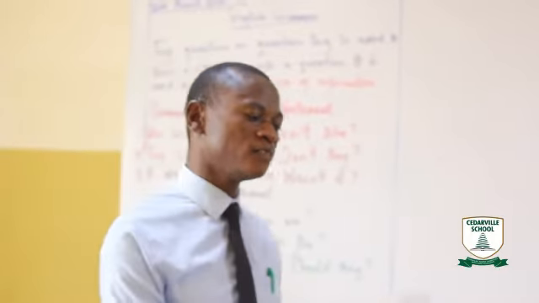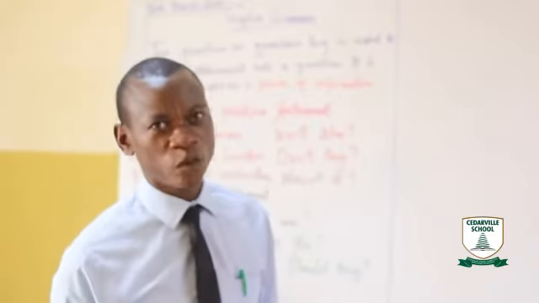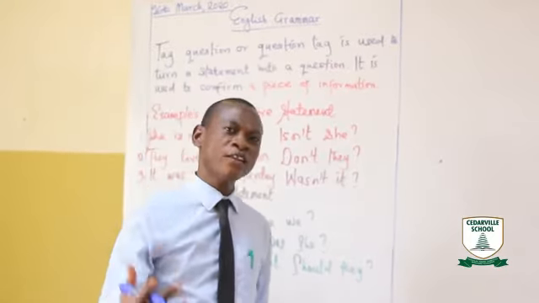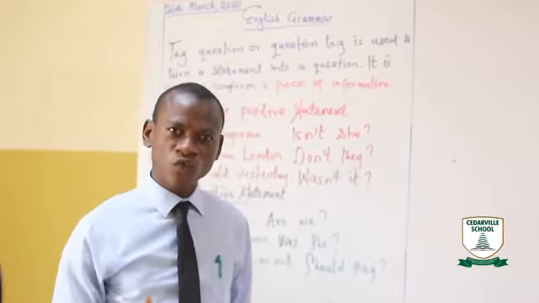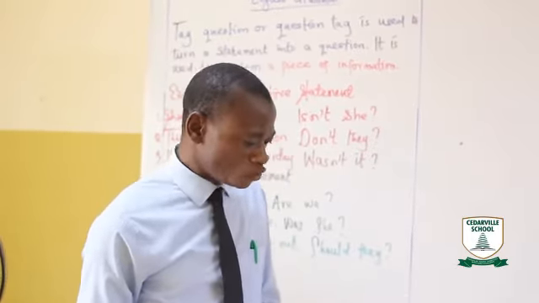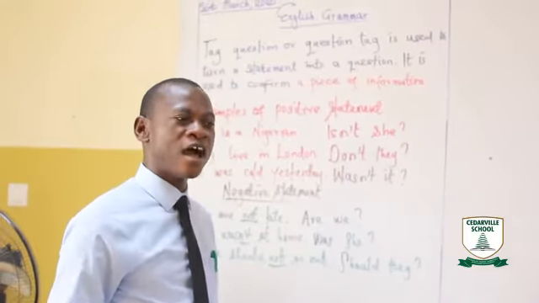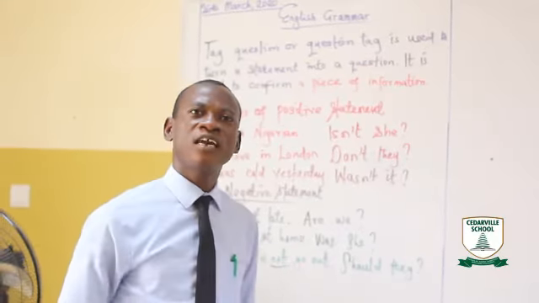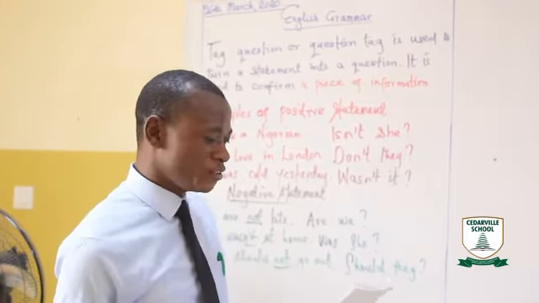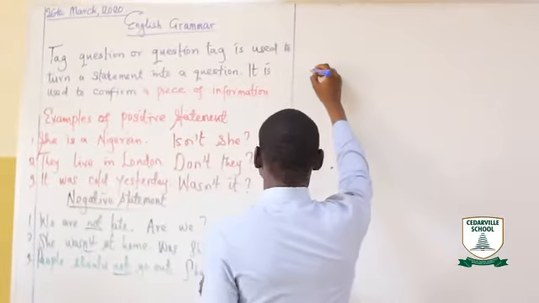And when the statement is negative, it attracts a positive tag question. I hope that is very, very clear. So you can go on and on with so many other examples. So I want us to attempt this exercise. Thereafter, I'm going to direct you to the assignment you are going to submit when you bring them to school.